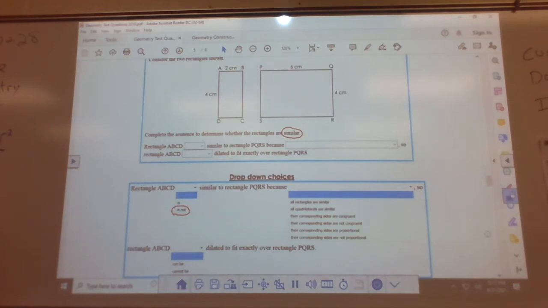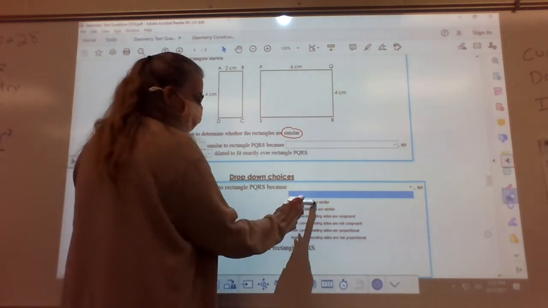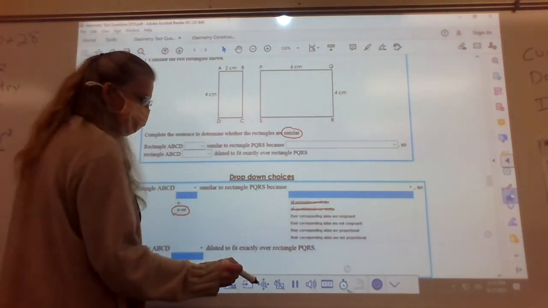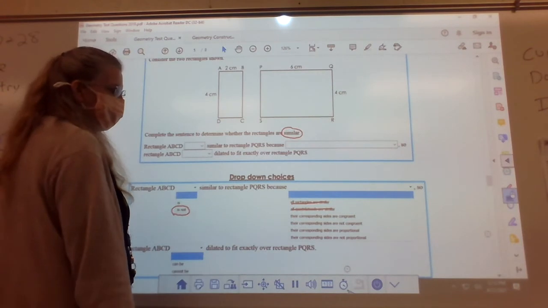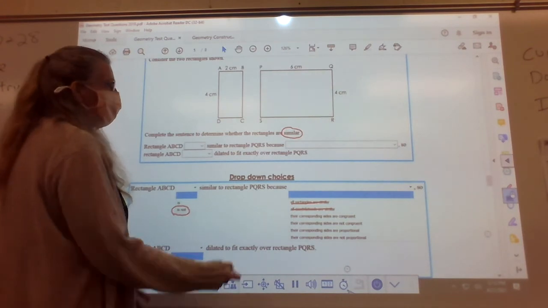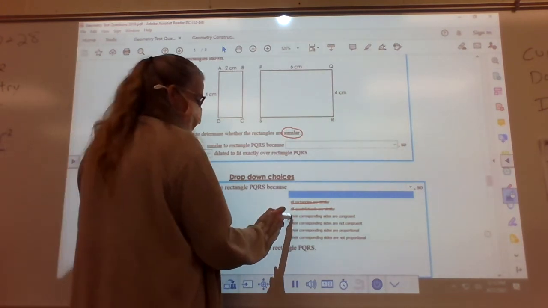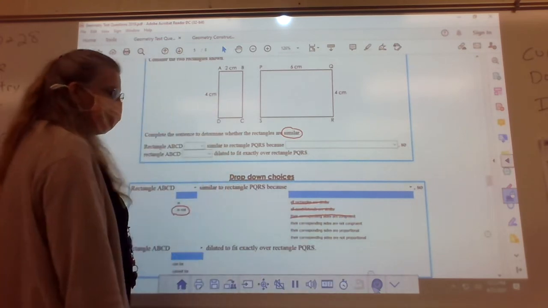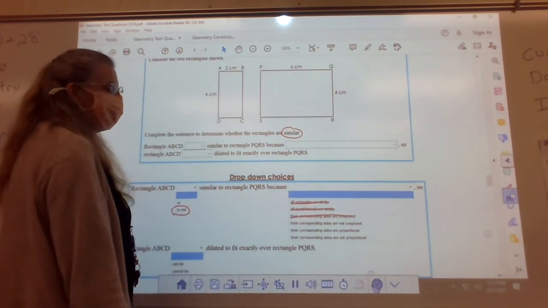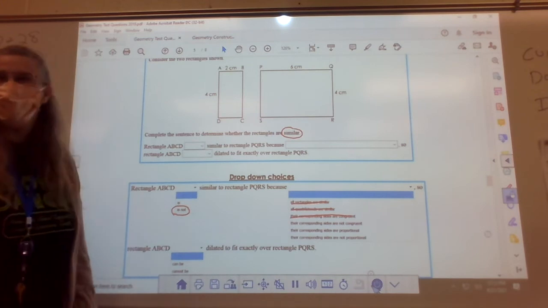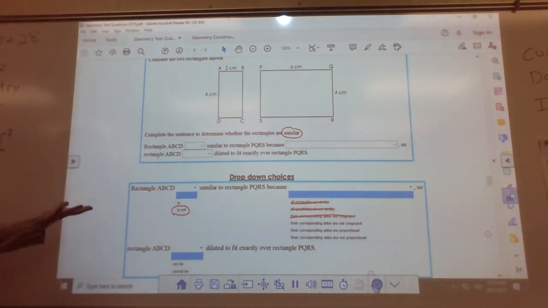So when I come to the other questions here, anything that says similar we know doesn't work because it's not similar. Corresponding sides are congruent? No, they weren't congruent. Corresponding sides are not congruent? Yeah, that's true, but that doesn't really tell me if they're similar or not.